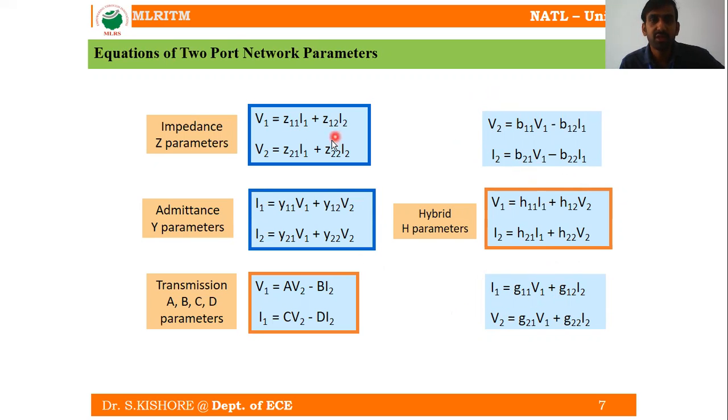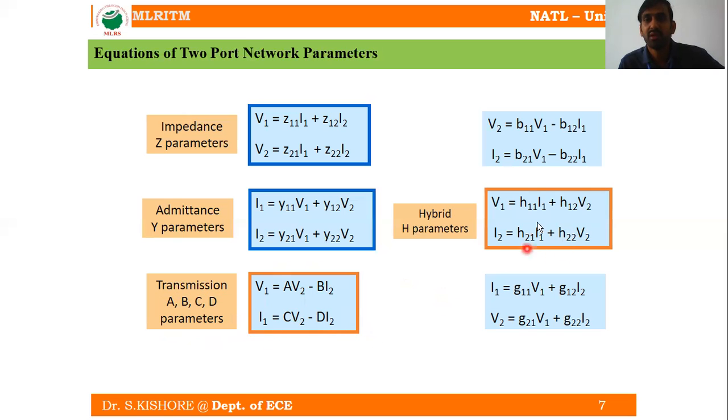So now the coefficients of these independent variables: for the Z parameters, the coefficients Z11, Z12, Z21, Z22 are our Z parameters. And the coefficients of the independent variables in the admittance equations, Y11, Y12, Y21, Y22, are our admittance or Y parameters. For the transmission parameters, the coefficients of the independent variables are A, B, C, D, which are our transmission parameters.